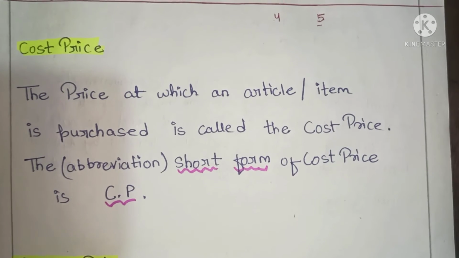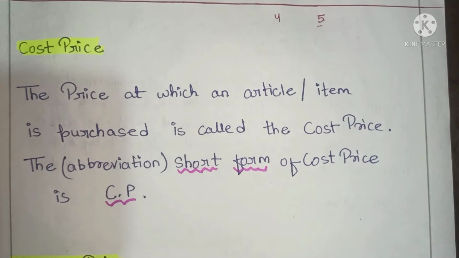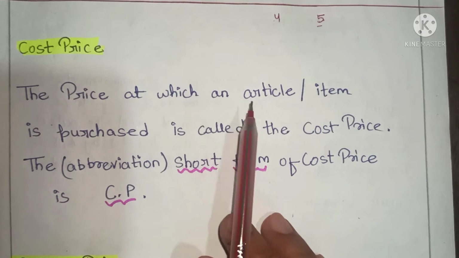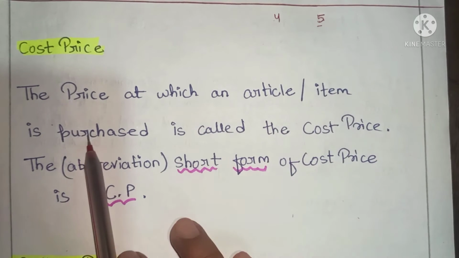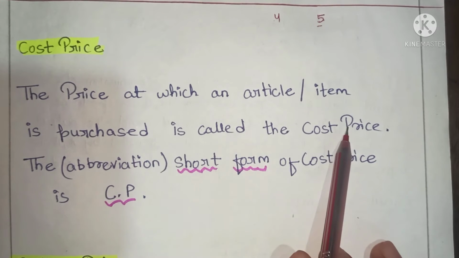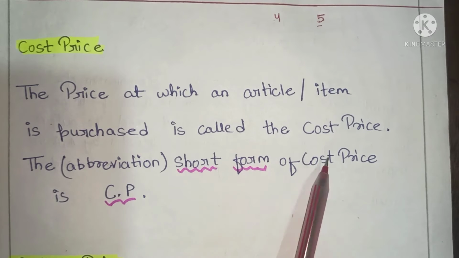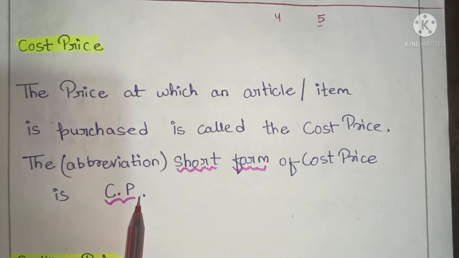The first one is cost price. What is cost price? The price at which an article or item is purchased is called the cost price. The abbreviation, that is the short form of cost price, is CP.